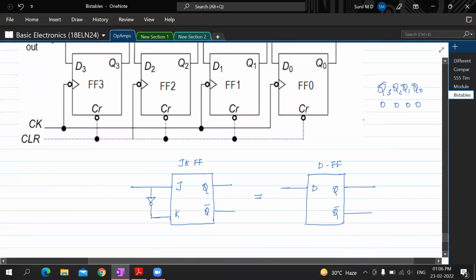So step one is making CLR 0. If it is made 0, then it is as good as giving input 1 to these clear pins.